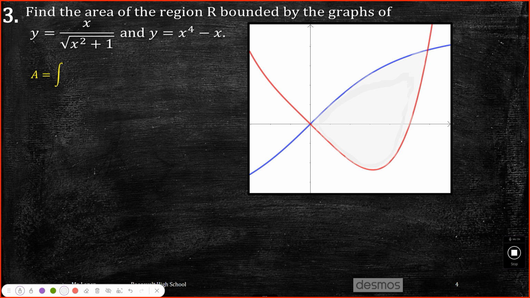Oh, okay, you can go up and down and redo it. Delete. Now x over square root x squared plus 1. Enter.